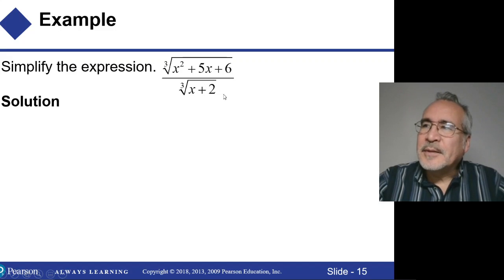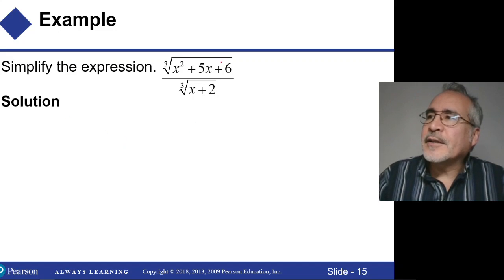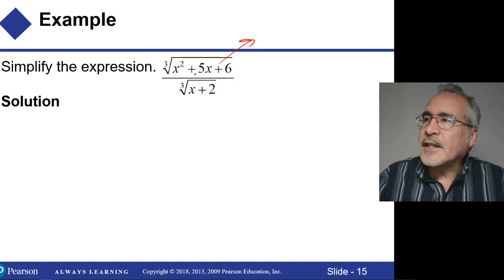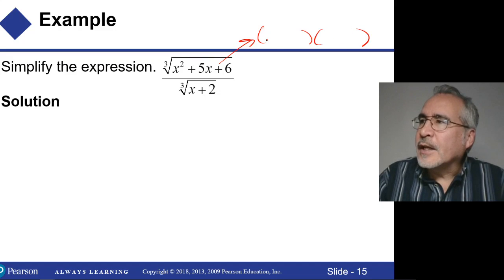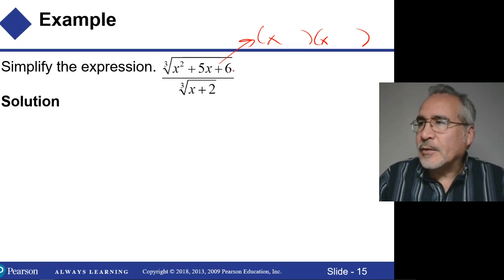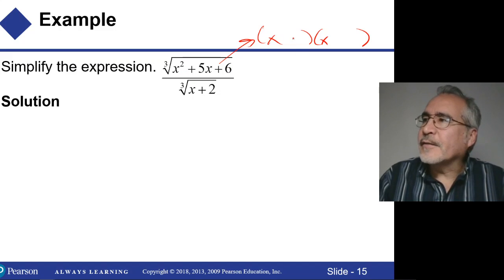Okay, here we go again. They're in the same roots, so we're going to be able to factor this. Now think back to our factoring, right? There's 6, so they'll do it for us, but 6 is 2 times 3 or 1 times 6. Now notice we're adding them. If you added 1 and 6, you get 7, not 5. So it must be 2 times 3 because 2 plus 3 is 5.